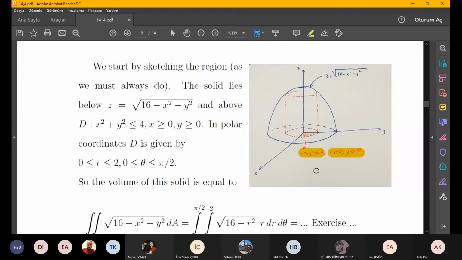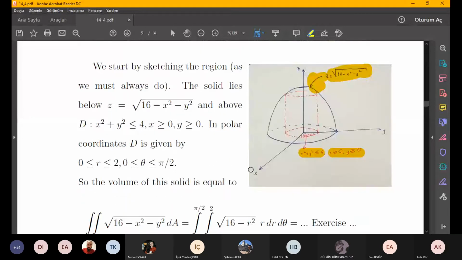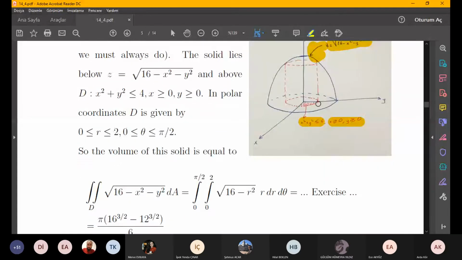So the solid lies below. If you just write the definition of the sphere, so from here z, which is f(x,y), which is our function here, this one is square root of 16 minus x square minus y square, and above the shaded region here, the shaded region D. So in polar coordinates we have to define that shaded region, which is defined as you can see in the xy plane in polar coordinates.